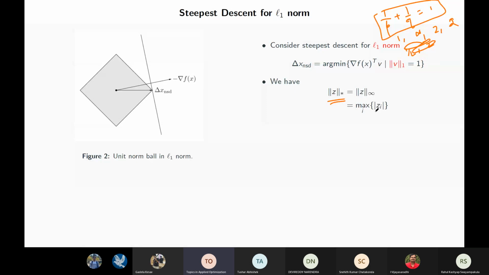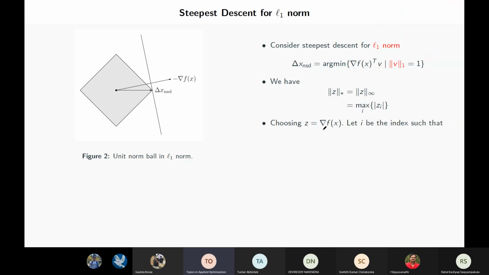So the infinity norm we know is the maximum of the components of a vector, the absolute values of that. Okay, now Z is used just as a shorthand notation, but what we are working with is Z equals grad f(x). So now choosing grad f(x), let i be the index such that we get the maximum of the components.